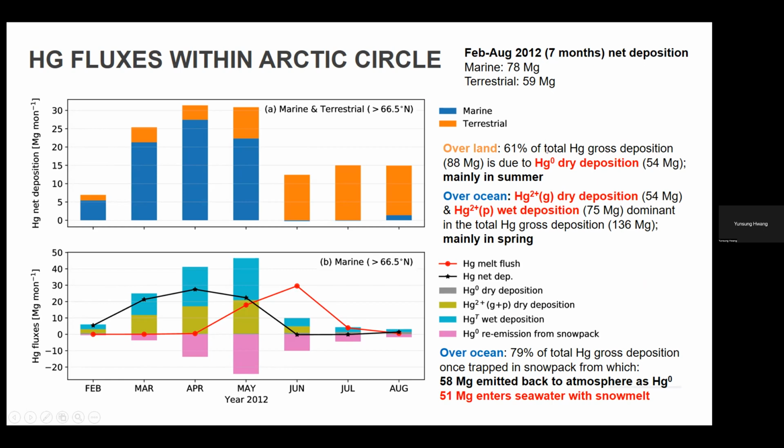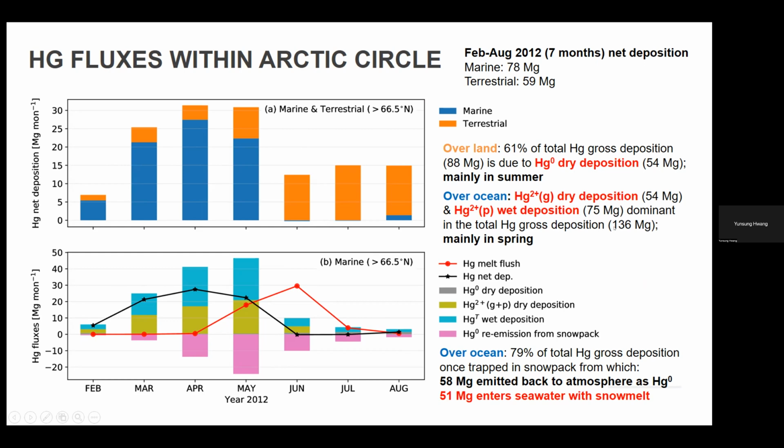Overland, 61% of this deposition is due to the dry deposition of long-lived elemental mercury, which is occurring mainly in the summer. So the springtime bromine chemistry is not making a major impact on the mercury deposition over the terrestrial part of the Arctic Circle, whereas over the ocean, this is mainly caused by the springtime bromine chemistry.